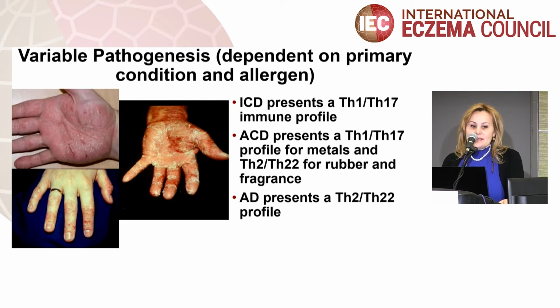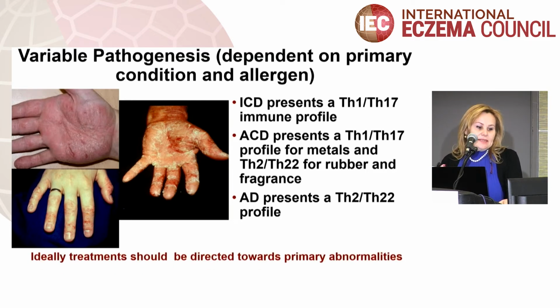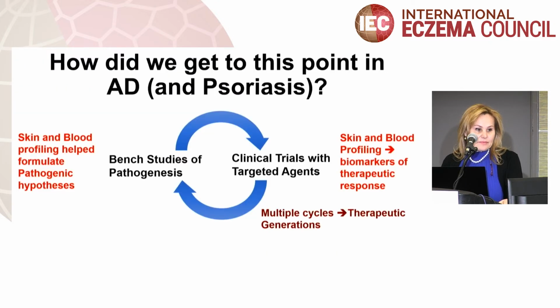And AD is Th2 and Th22. So we need to think about that when we think about treatments for these patients because it's not one size fits all. So again, the treatment has to be directed towards the abnormality, and you do need to think about that and do patch tests in these patients as well.